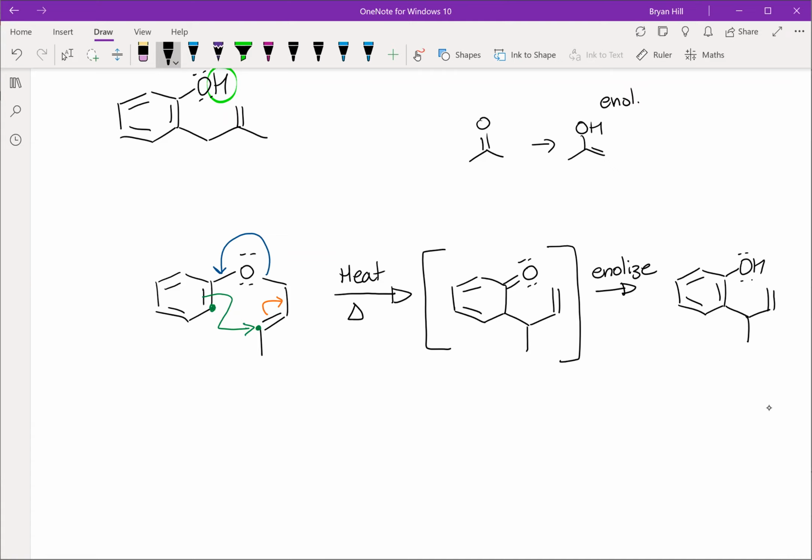So that's why I wrote enolize there. And that's basically it. I don't know what else to say about the Claisen, but that was the last part of the ether section, this Claisen rearrangement. It's quite a neat reaction.